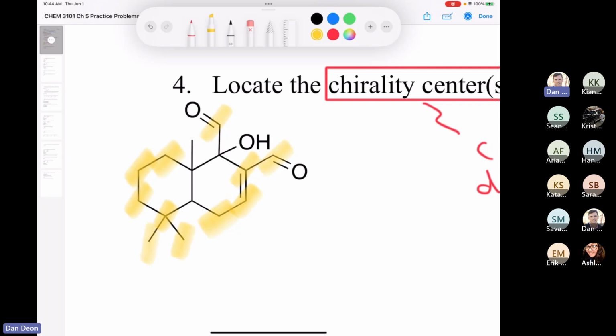This is a CH3. That can't be attached to 4 different things. And so our only chiral carbons in the molecule are going to be this one, and this one. Those would be our stereocenters. Each one of those carbons is attached to 4 different groups. So there we have it.